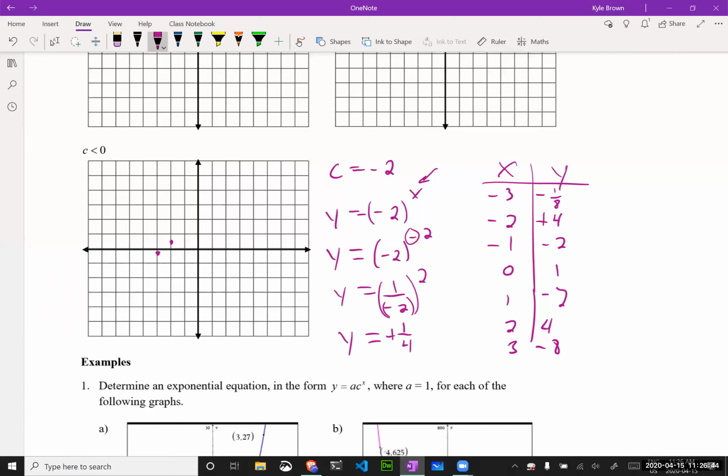At -1 would be at -2, and then at 0 would be at 1, and then down to -2 for that one, and then back up to, so at 2 we're at 4, and back and forth, right?